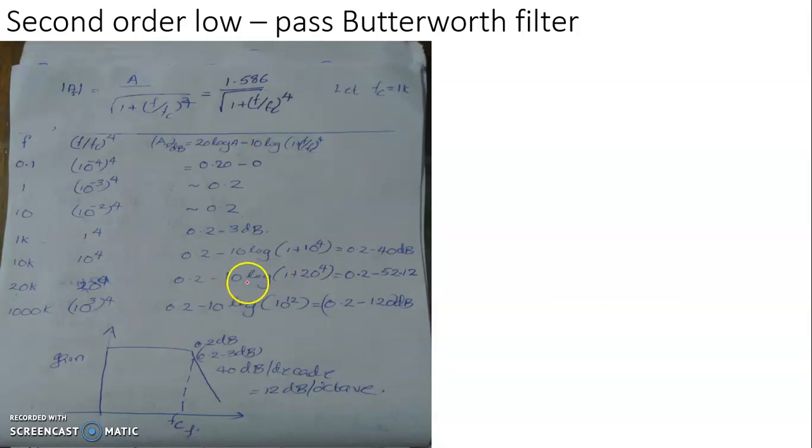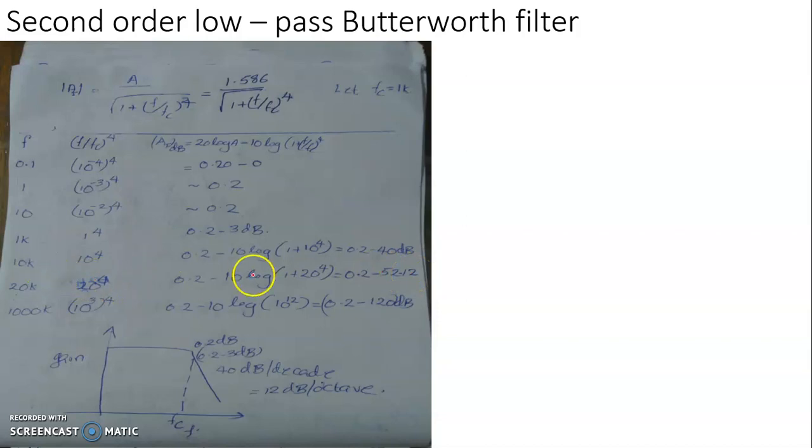So this becomes 40 into 1.3010, that is 52.12. So when the frequency is incremented two-fold from here to here, the gain is reduced by an amount of 52 minus 40, that is 12 dB.